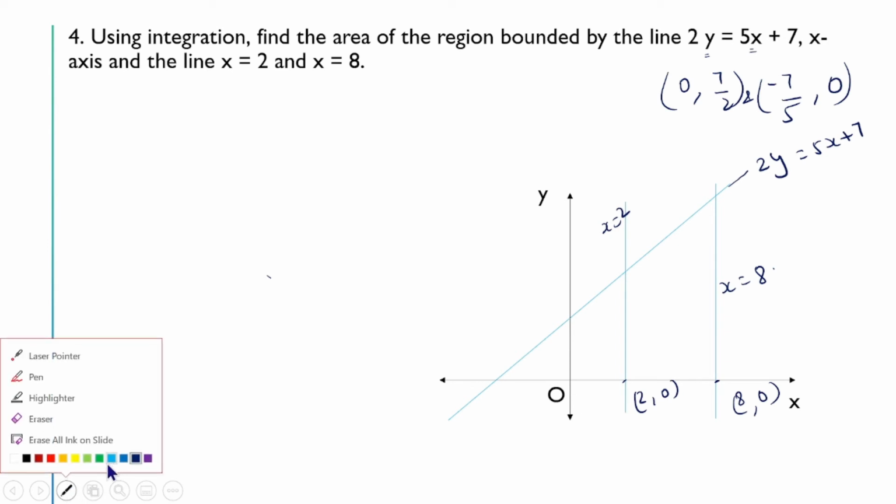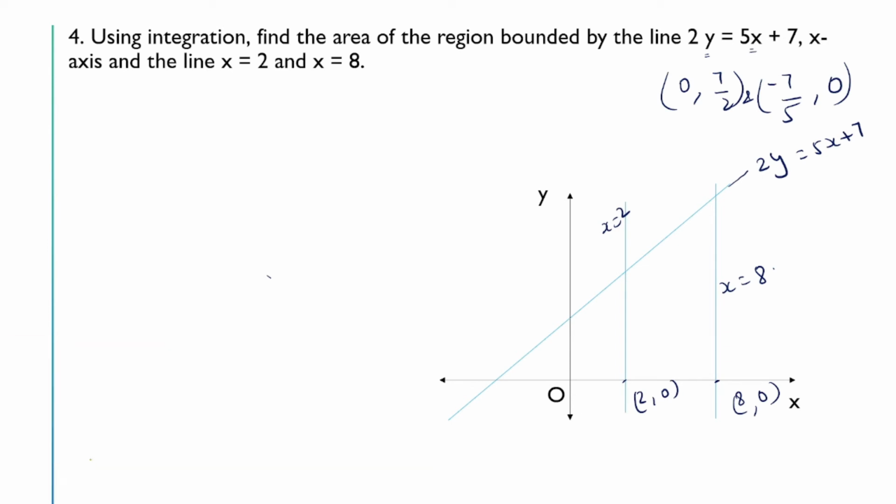So this is the region bounded by all these lines. That is A, B, C, D.